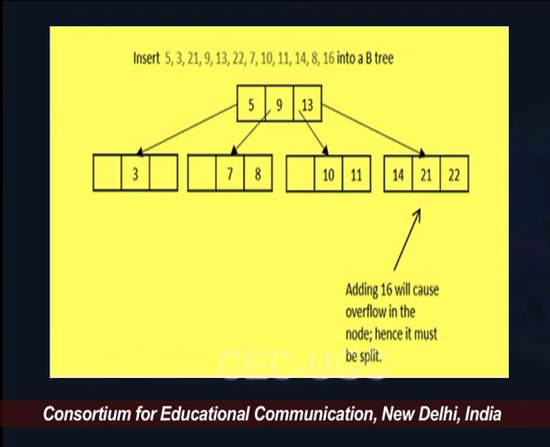So, when we talk about 14, 16, 21 and 22, 4 keys cannot be there because maximum it can have 3 keys. So, that means 16, which is going to be the middle value, is going to go up. But the problem here is the root node or the parent node is already full.